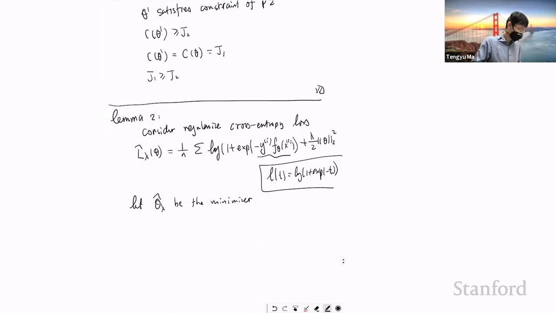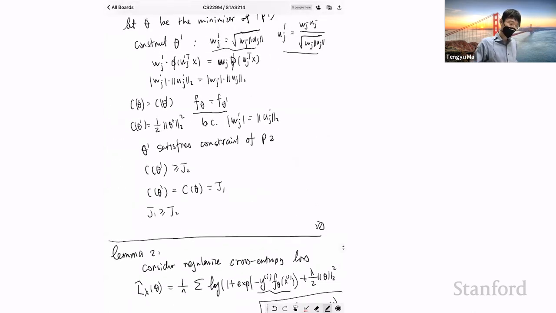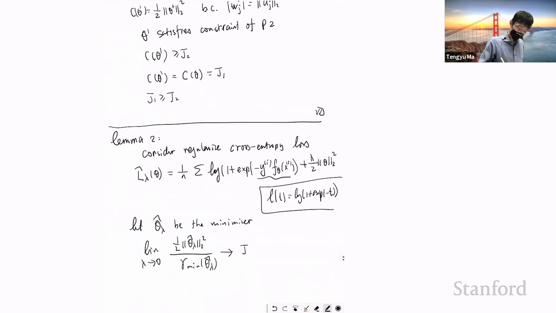So my statement is something like this. If lambda goes to 0, for small enough lambda, then the norm versus the margin will go to J1, which was defined to be the minimum norm solution.